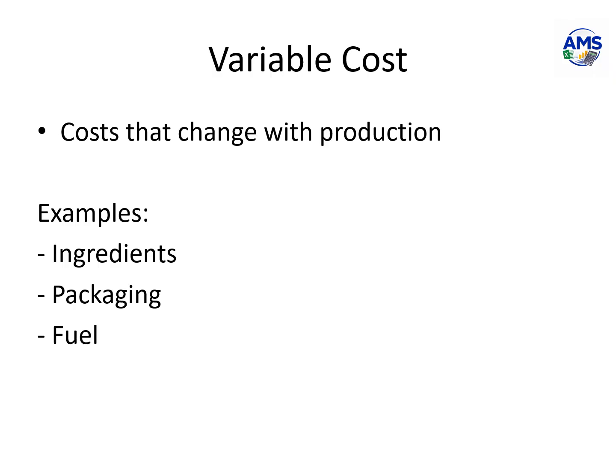The more food Ama cooks, the more ingredients she buys. So this is variable, it changes with sales. If sales increase, it is expected that the ingredients and the packaging she uses to prepare the food will also increase.